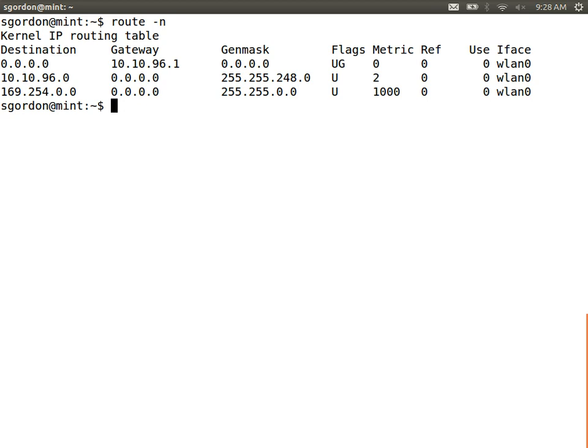We're not going to explain the address formats, but there are two columns here that correspond to the key parts of the routing protocol. The destination column, and the gateway; the terminology for gateway means the next node in the path. So what it means, when my laptop wants to send to some address that matches, if we look at the second row, some IP address that matches 10.10.96.0, then the next node is this special all zeros address.